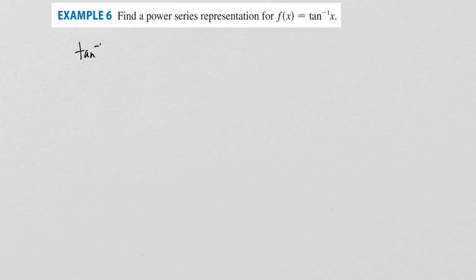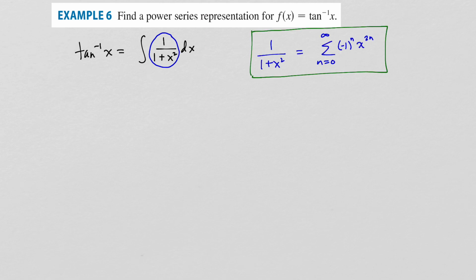Do we remember that inverse tangent of x is the antiderivative of 1 over 1 plus x squared? Yes, this is true, isn't it? Well, that's good news, because 1 over 1 plus x squared is a power series that we found earlier in this video. So from example 1, we know that 1 over 1 plus x squared is equal to the power series summation negative 1 to the n, x to the 2n.